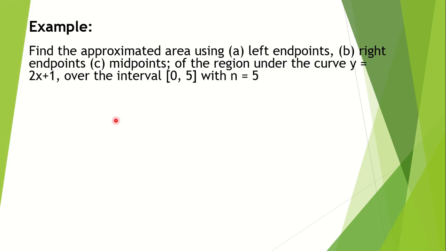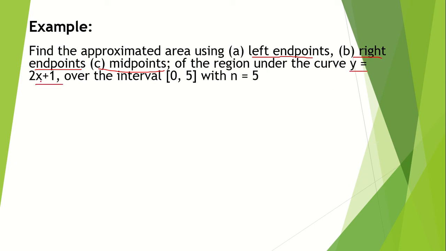So let's solve the first example. Find the approximated area using the three methods. Letter A, using left endpoints. Letter B, using right endpoints. And the third one, using midpoints of the region under the curve y equals 2x plus 1.